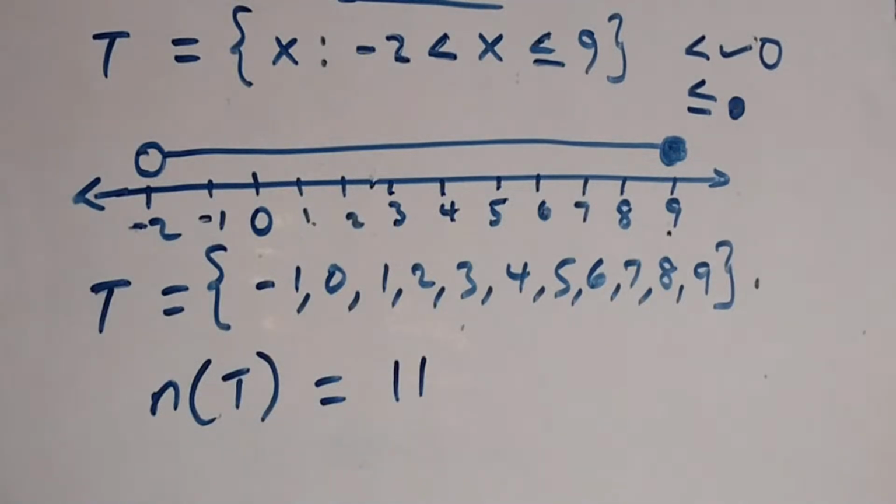So 11 is the cardinality of that particular T. All right, so that's one way of asking this question, a WAEC past question.